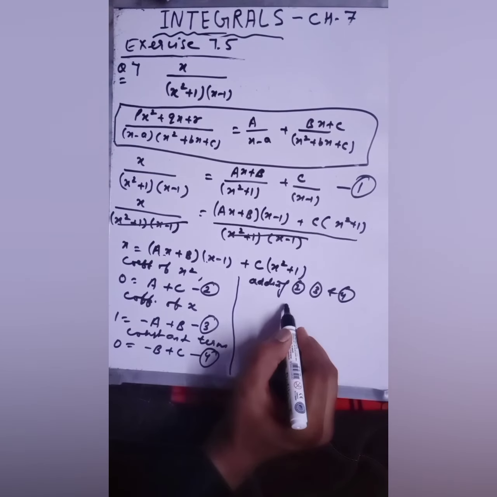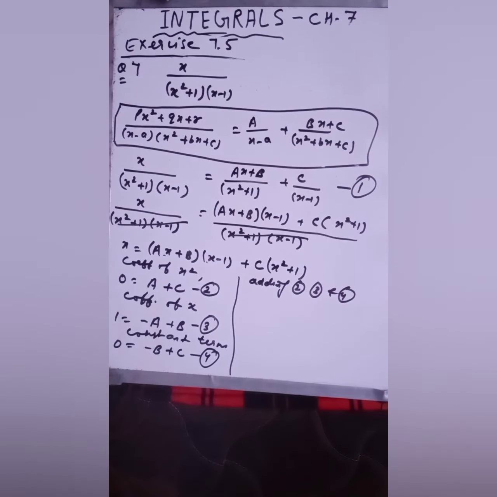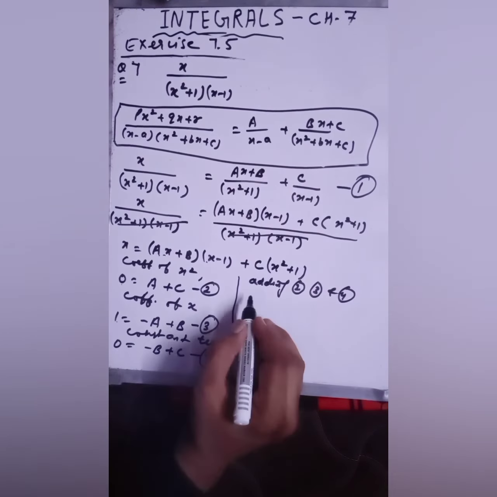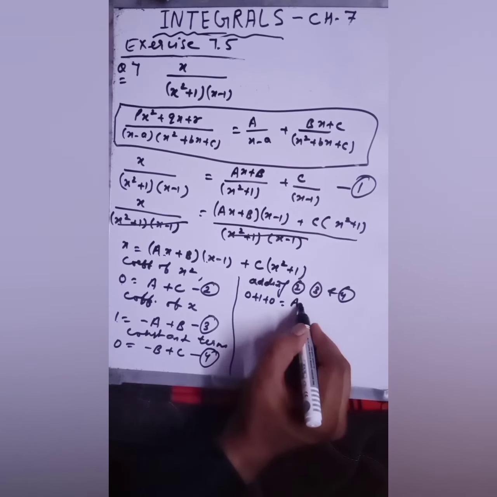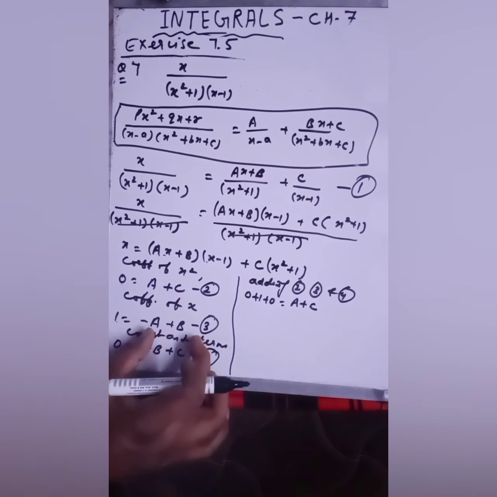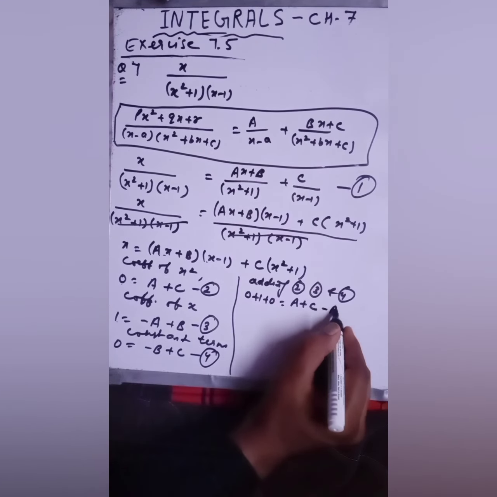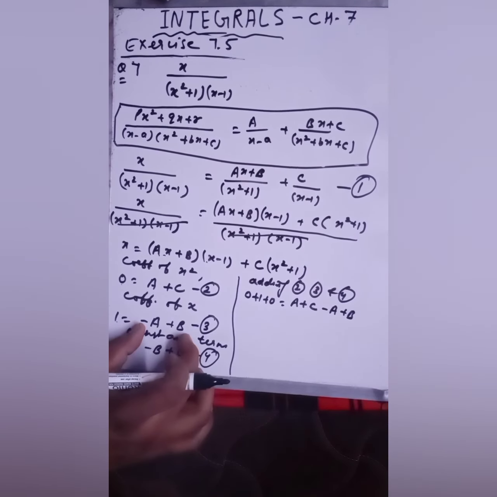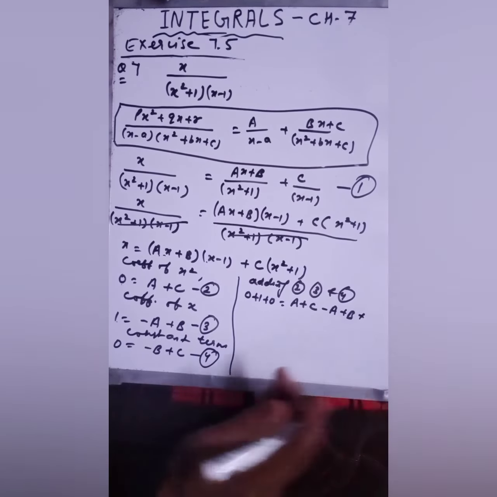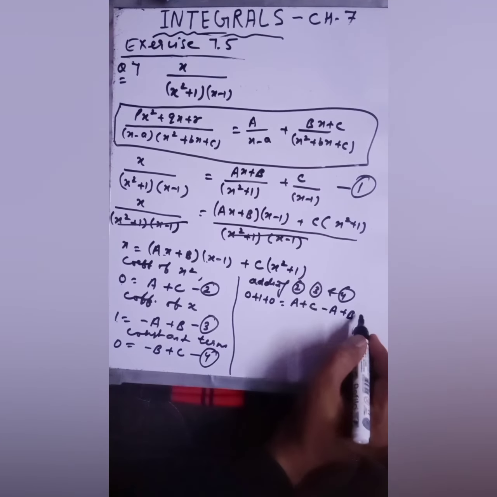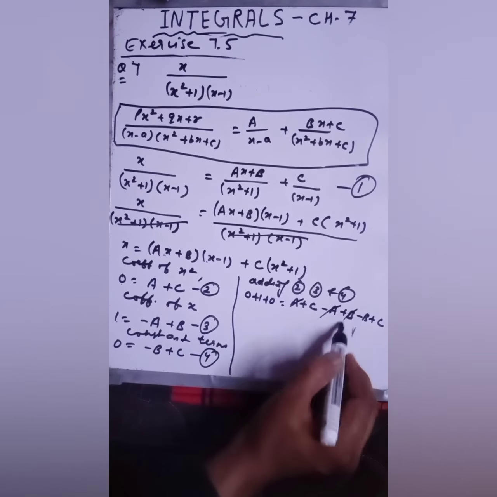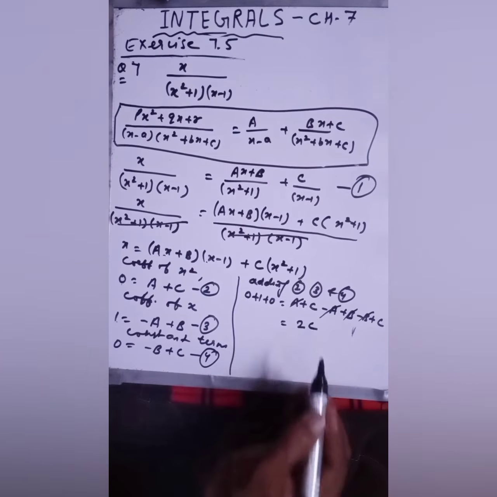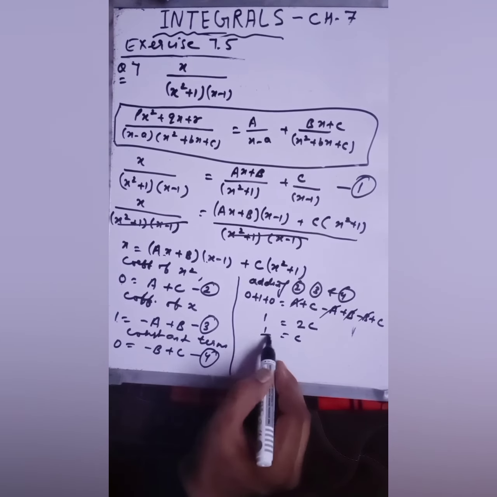First of all I am adding the left hand side terms: 0 plus 1 plus 0, that is equals to A plus C, plus minus A plus B, plus minus B plus C. Got it? So here you can see A and A will cancel out and your B and B will cancel out. So you will get 2C equals to 1. So your C will be 1 by 2.